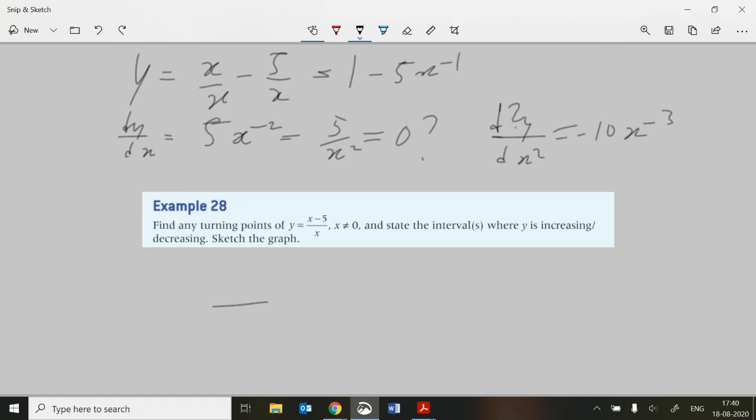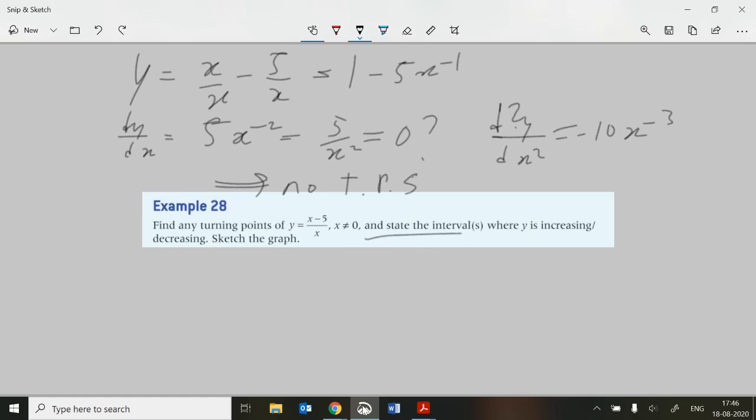For a fraction to be equal to 0, you have to have 0 over something is equal to 0. And now, if we've definitely not got 0 on the top, we can tend towards it, but we can never get 0. So there are no turning points. So if there are no turning points, we can state that. We've got this implies no TPs because there are no solutions. Okay.